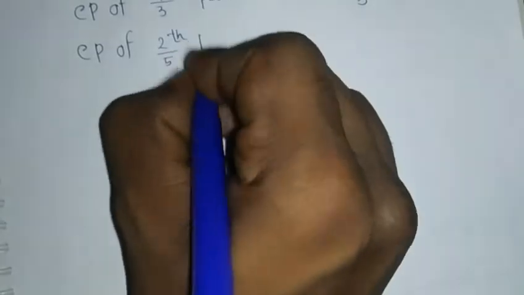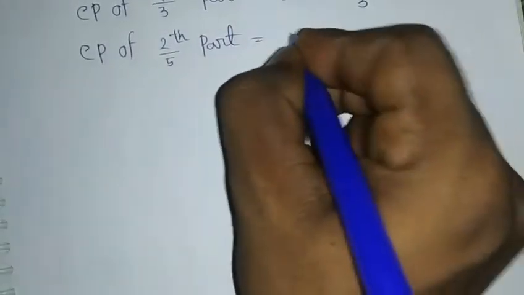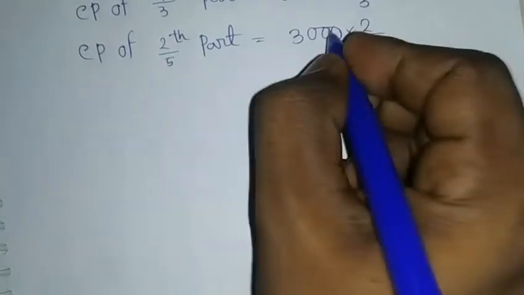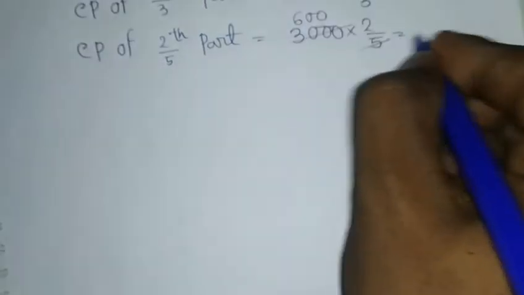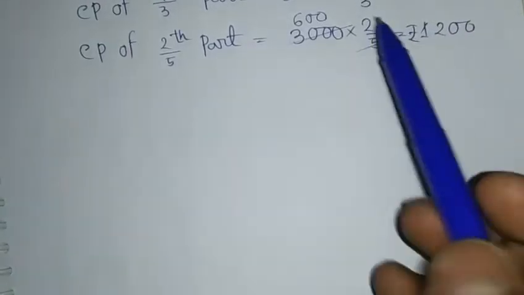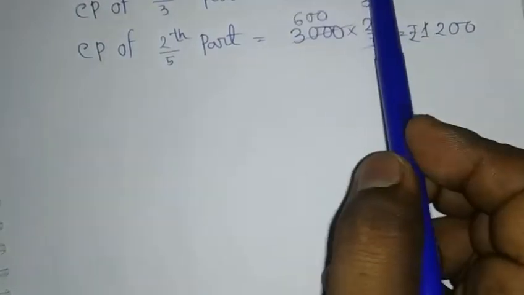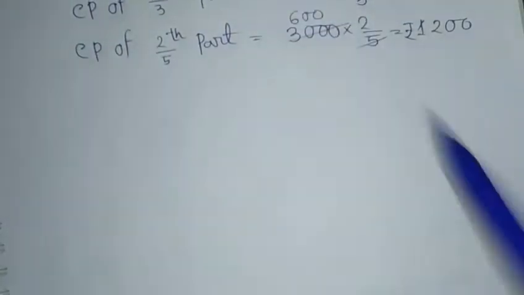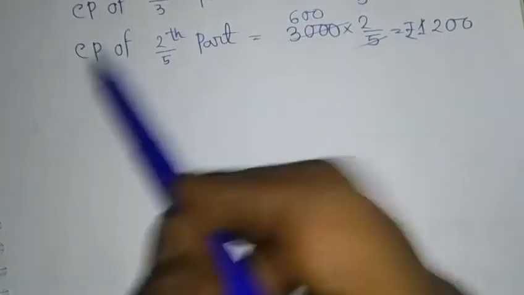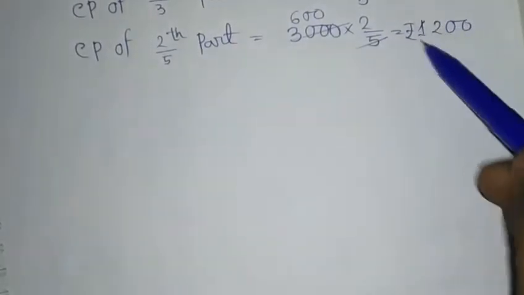Now the cost price of the 2/5 part is equal to 3000 into 2/5. It is 1200 rupees. Now the total cost price was 3000, the cost price for the 1/3 part is 1000, and the cost price for the 2/5 part is 1200.